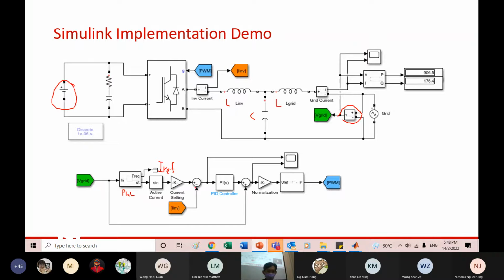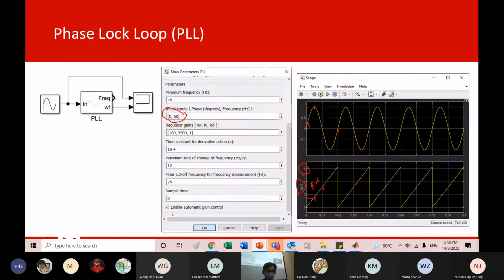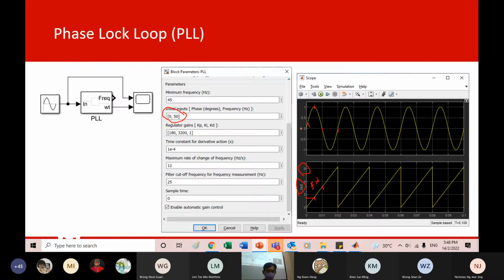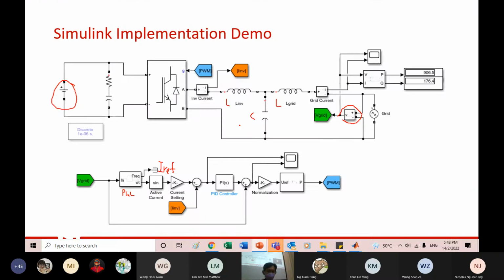Then after that, you come here, feedback from current. You will notice that it's exactly the same, right? Feedback from the output current. So the current is taken from where? Remember, the current is taken from the inverter side, not the grid side. If you take it wrong, I don't know, you will get very funny output.